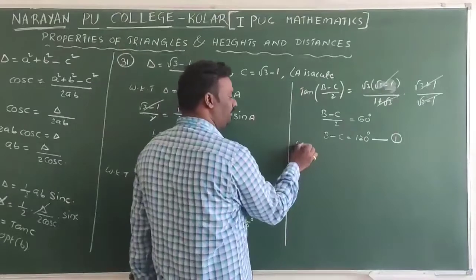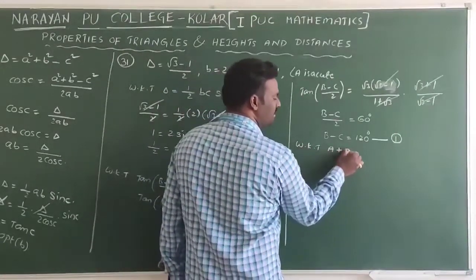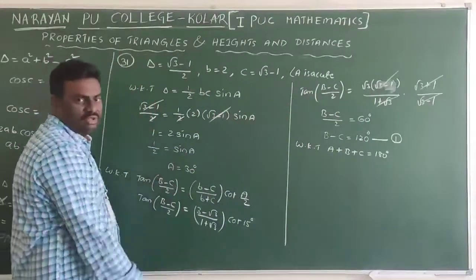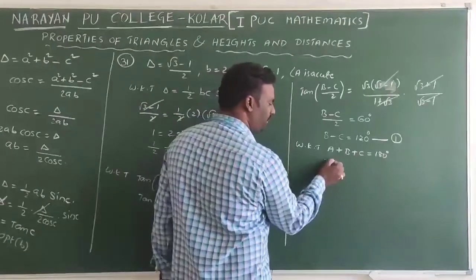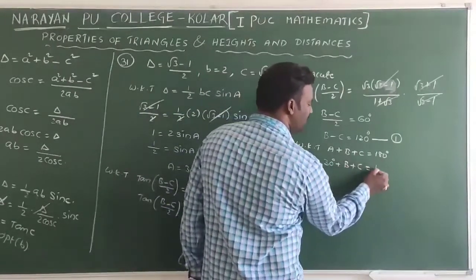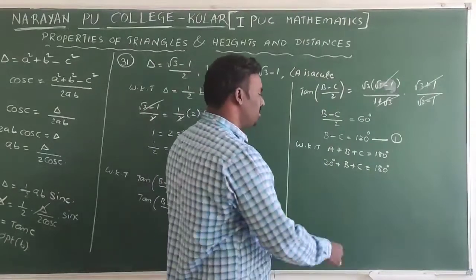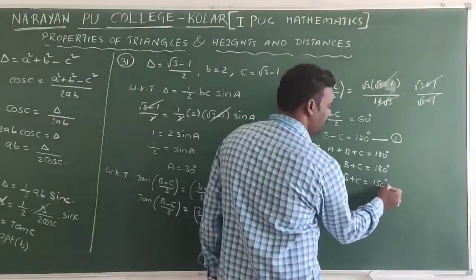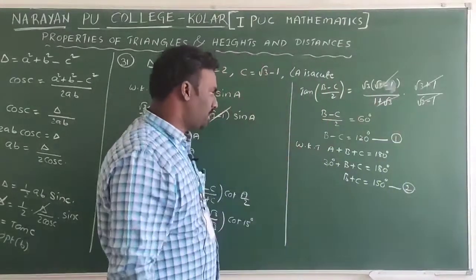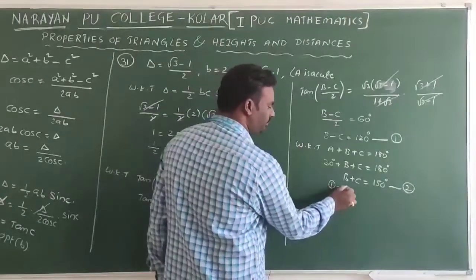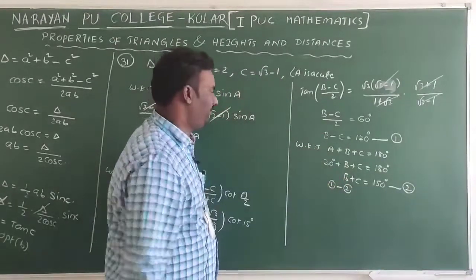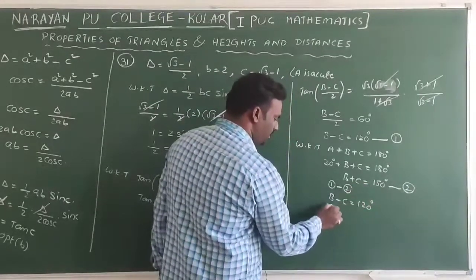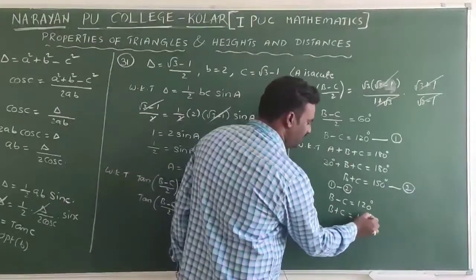We know that the sum of the angles is 180. Already we know angle A, substitute: 30 plus B plus C is 180. From this you will get one more equation: B plus C equals 150. Now subtract these two, don't add, because we require angle C. B minus C is 120, B plus C is 150.